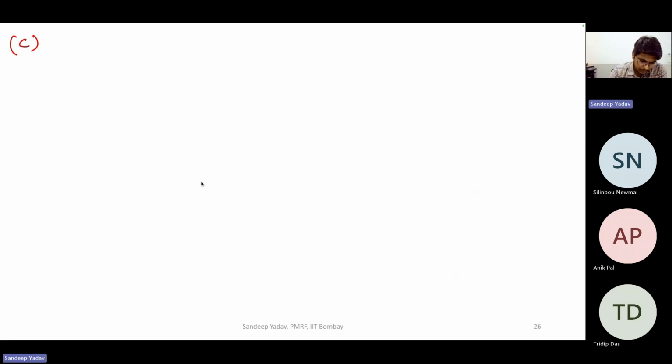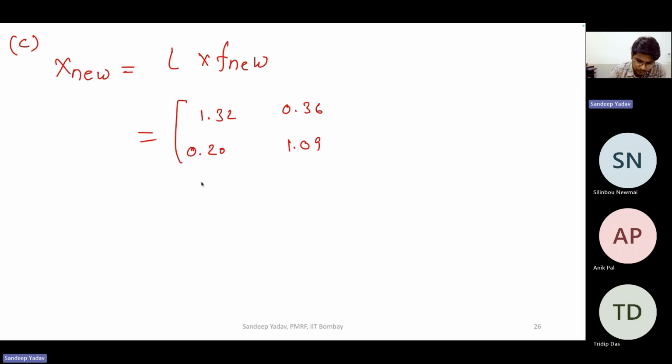So we have to calculate X new. It would be equal to L times F new. L we have just calculated: 1.32, 0.36, 0.20 and 1.09, multiplied by what's asked, 500 and 1000 units respectively.